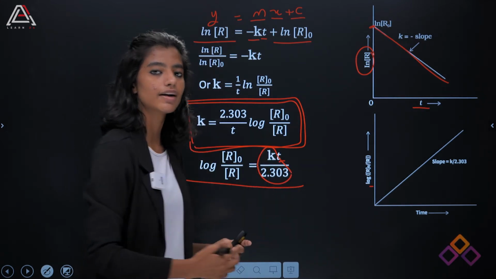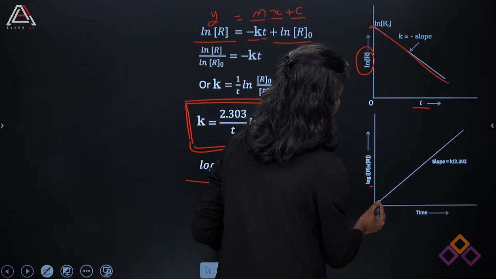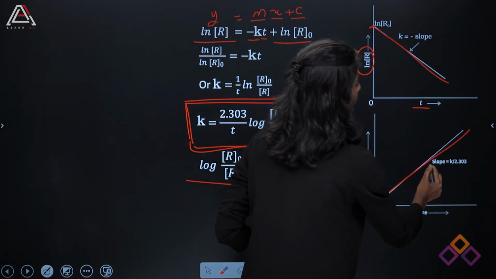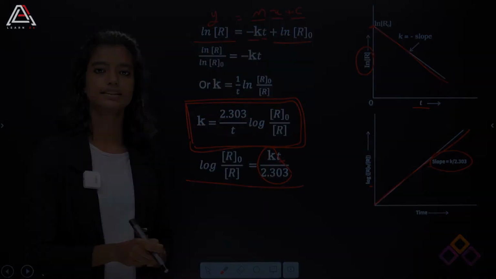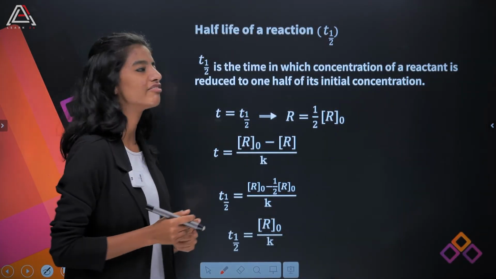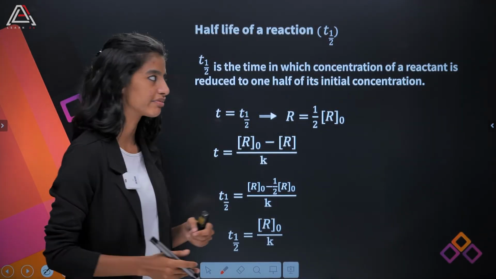Since it's a positive value, we can draw the straight line upwards.